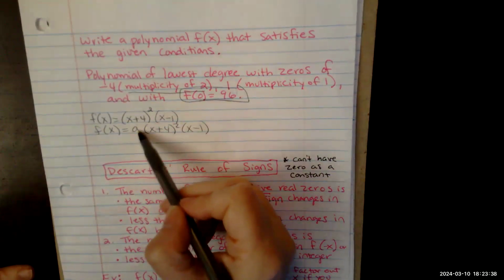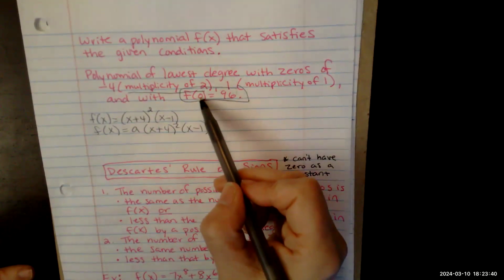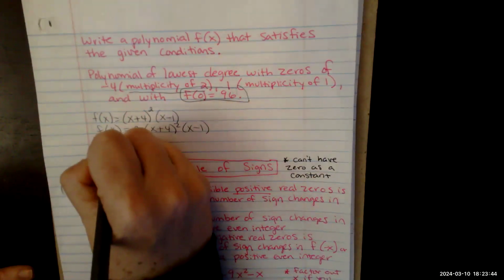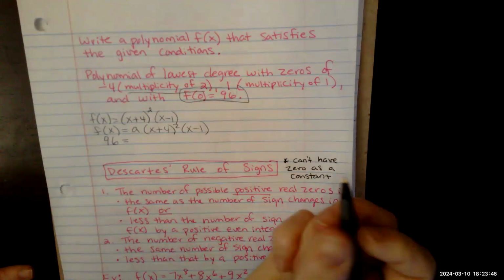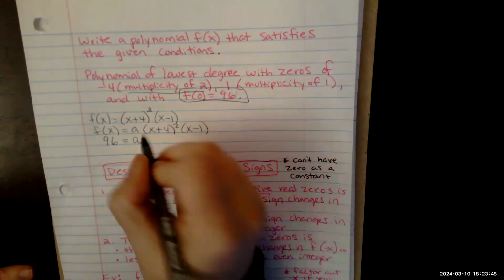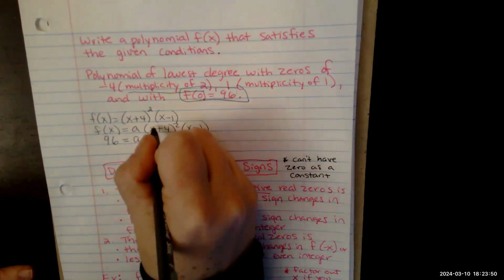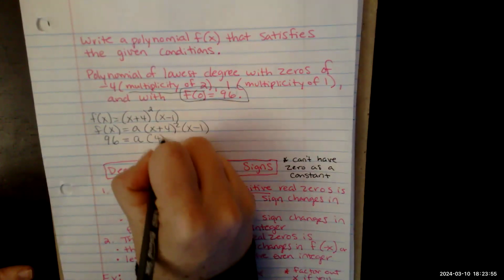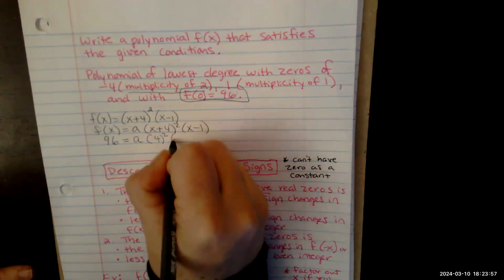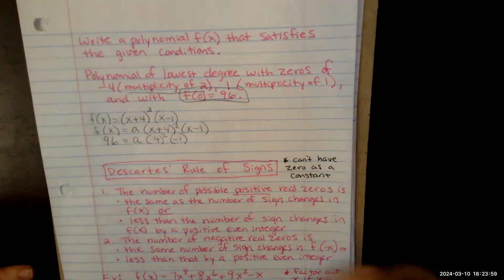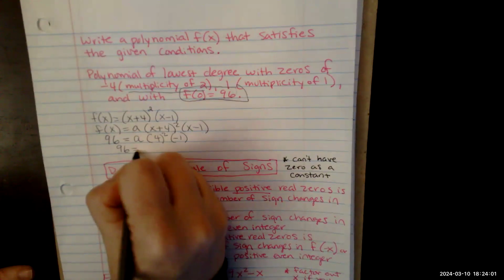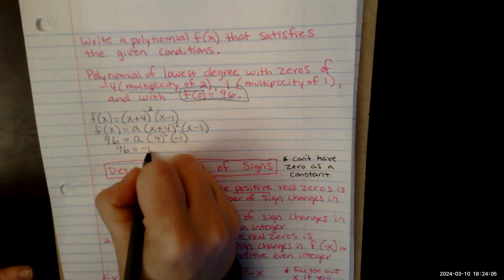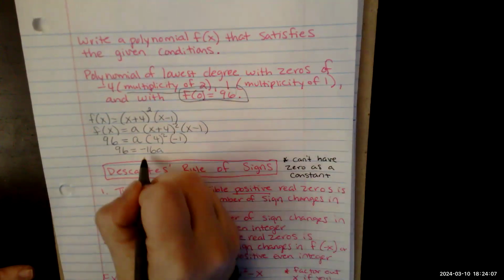Because there's only one number out front that when I plug 0 into this equation, I would get 96. So 96 is my y, so that would go there. We're trying to find a, and now I can plug in 0 for x. 0 plus 4 is 4. 0 minus 1 is -1. So 96 really equals 16 times -1, so -16a.